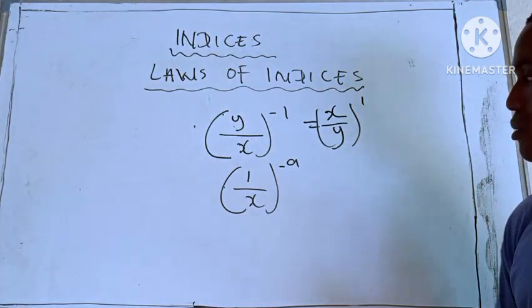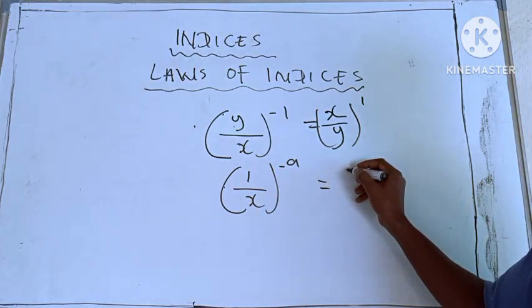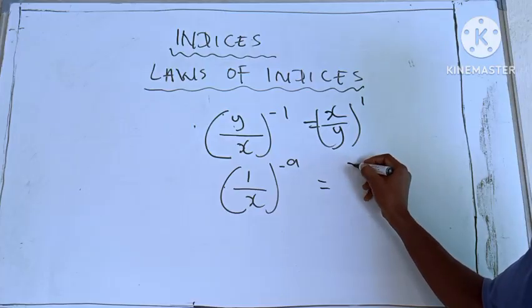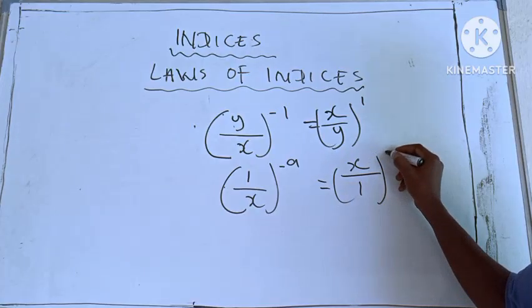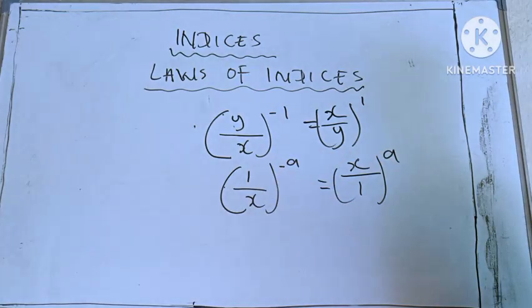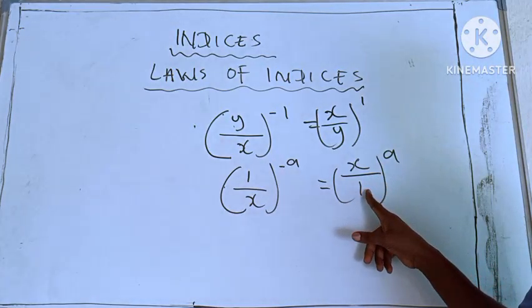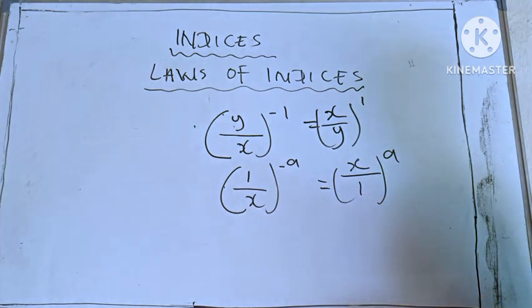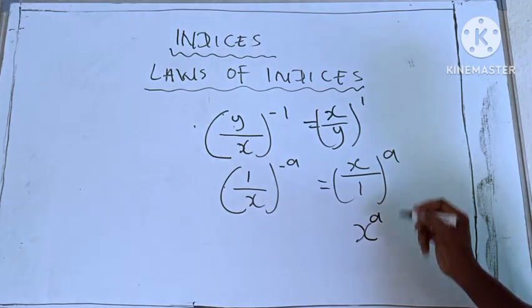Are you getting it? Let's do the same to the second one. By exchanging, we have x all over 1 raised to power a. No minus sign again. Are you getting it? So x all over 1 still gives us x, then raised to power a.